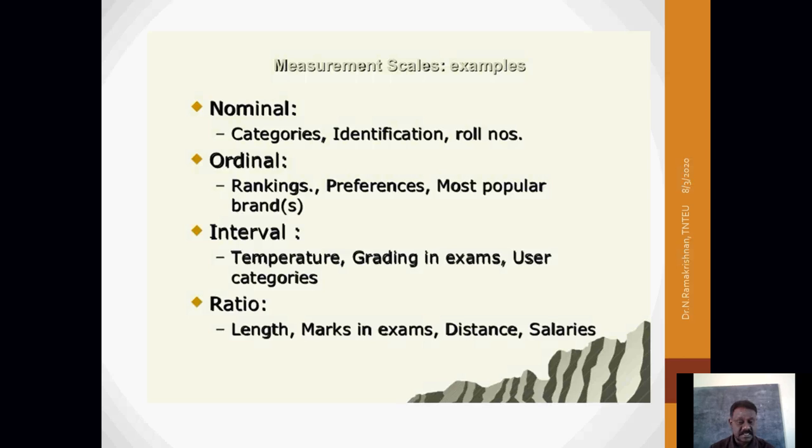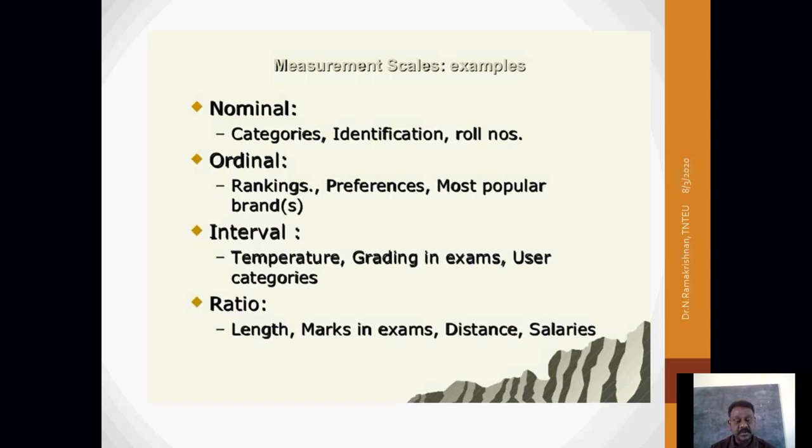And this interval scale has no true zero. That means it goes down also. Suppose in a temperature scale, it can go below zero, so you can see minus values. Suppose someone is saying that my son or my brother is working in Kashmir, at that time they may say that the temperature there is below zero.